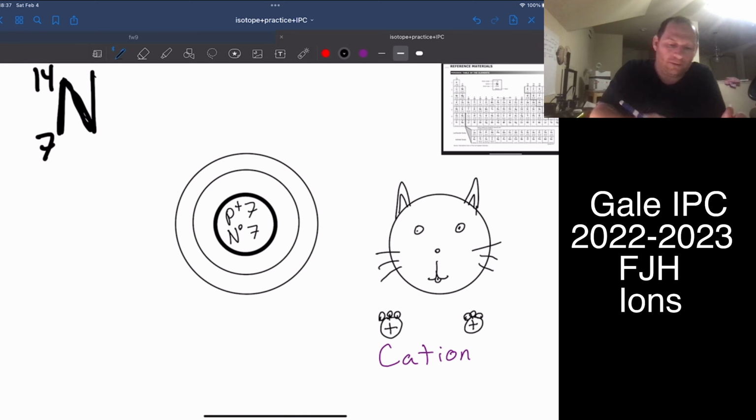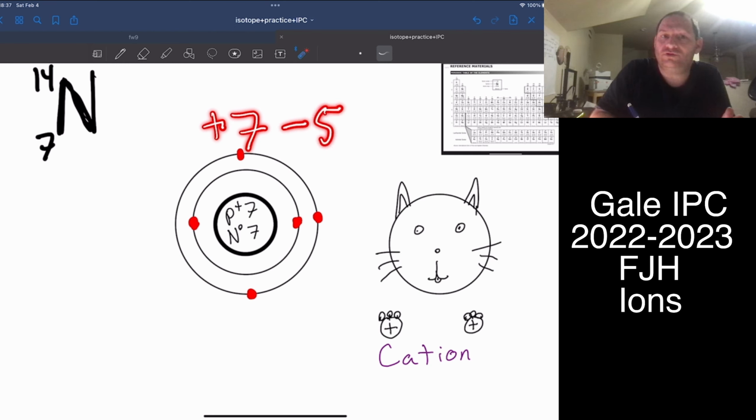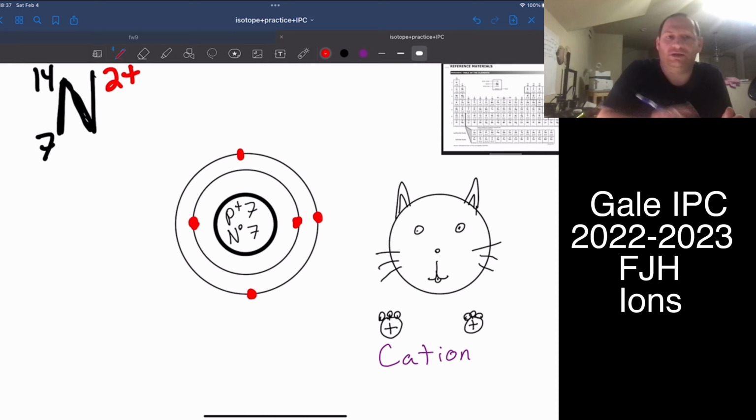So I need 1, 2, 3, 4, 5. We have 7 positive protons and 5 negative electrons. Overall charge is 2 plus. A positive ion, or cation.